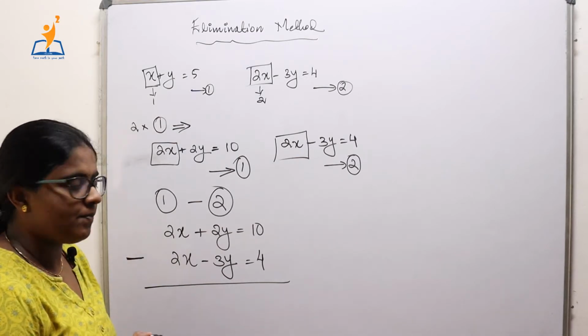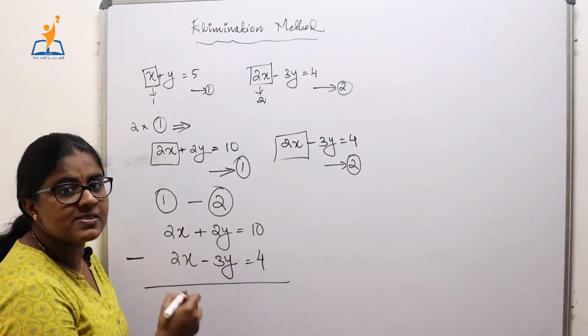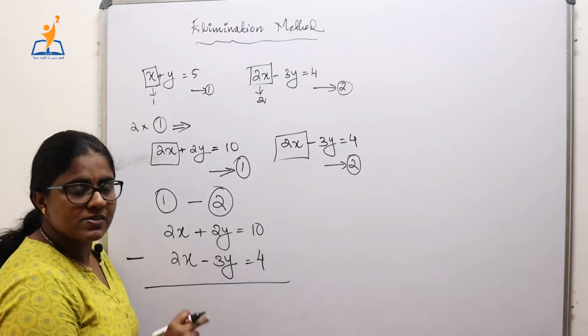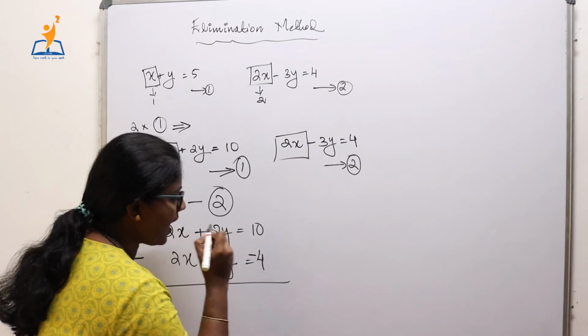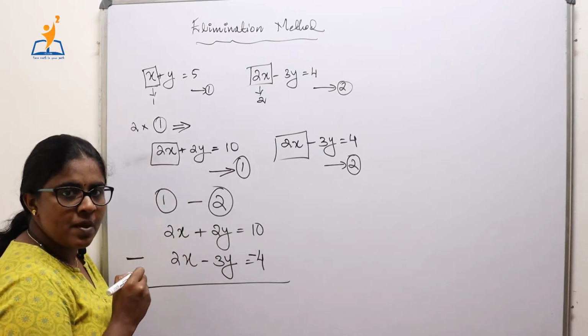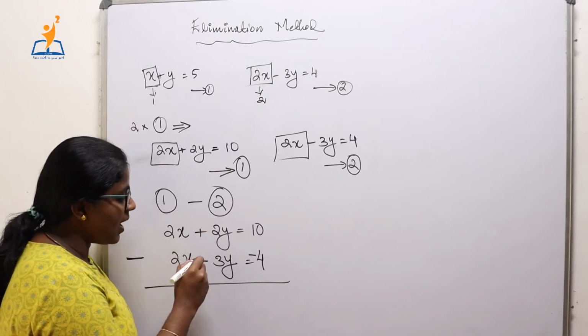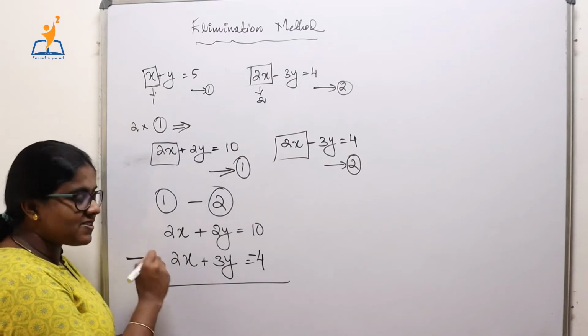Subtract. Now, while subtracting this, I have to change the signs of the second equation. Look, here the sign of 4 is plus. So while subtracting, I am going to change this sign to minus 4. And here it is minus 3y. So I am going to change the sign to plus 3y. Now it is plus 2x here.